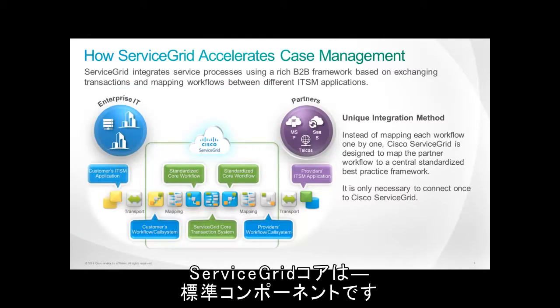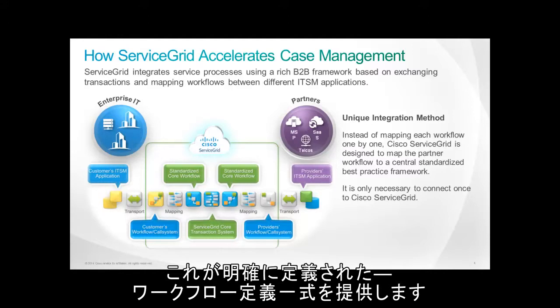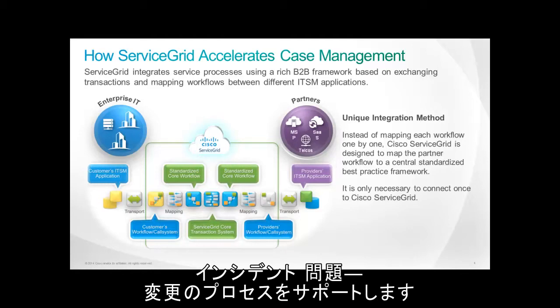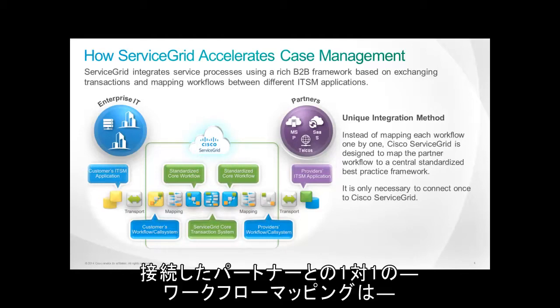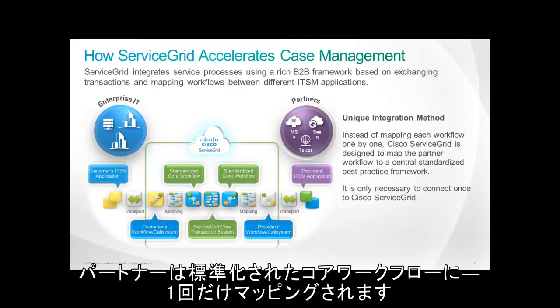The ServiceGrid core is a standard component that provides a set of well-defined workflow definitions to support service requests, incident, problem, and change processes. Instead of mapping workflows one by one to the connected partners, they are mapped to the standardized core workflow only once.